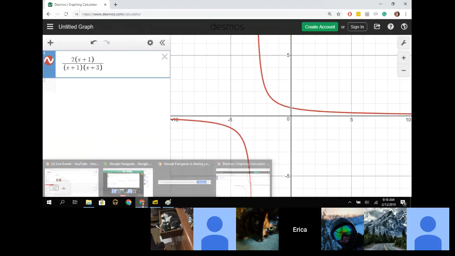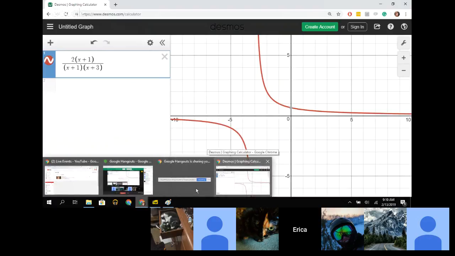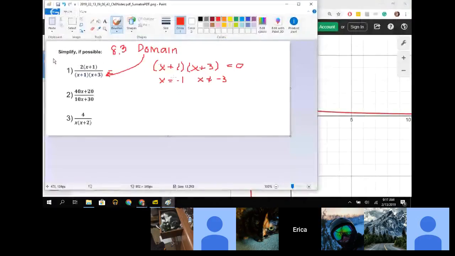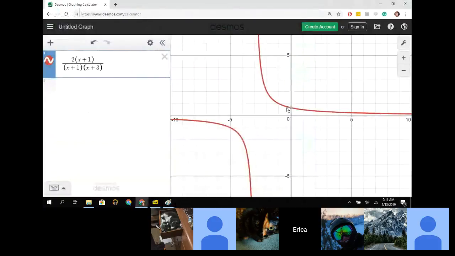But then you might say, but Mrs. Ross, what about the other one that we said, which was -1? So this is going to be kind of tricky, but let's see if Desmos will let me do it. Oh, there we go. So see here on my graph where I have -1, my value is undefined.